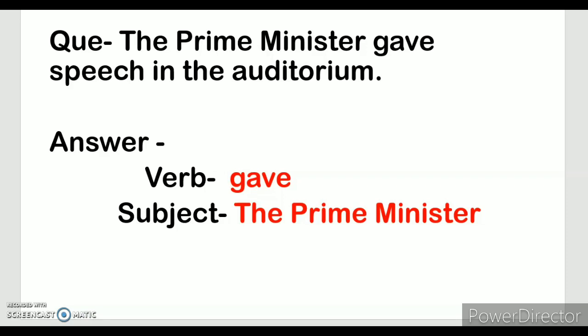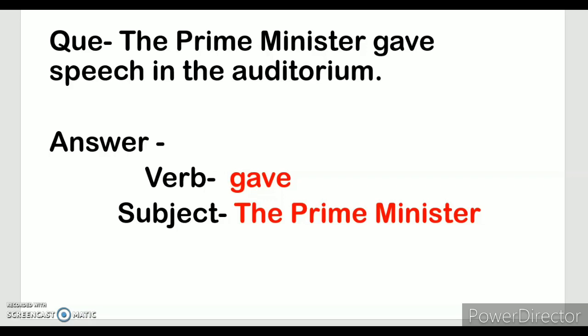In order to practice it more, whenever you see any sentence, just break it into the parts like subject, verb and object and then identify them. In this way, you will understand the concepts and practice it. So here I have shown one example of how you can do it. The Prime Minister gave speech in the auditorium.